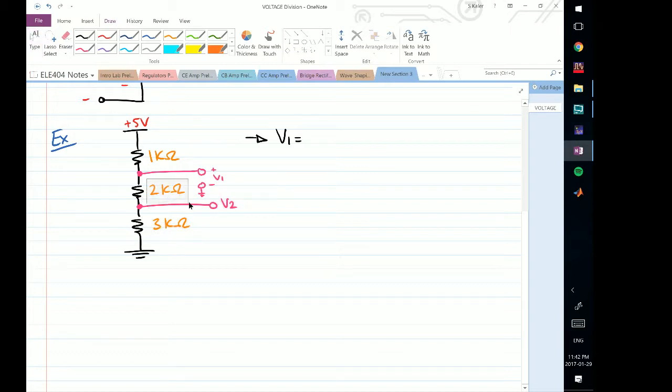So I will have 2 and 3 in my numerator, and I will have the total resistance in the denominator. So I must have, first of all, my source voltage is 5. Now the resistances between this node here, let's give it a name, this node A and this node B, right now we're only concerned with A. The resistance between A and ground is 2 plus 3, and this will be divided by 1 plus 2 plus 3, because now this is the total resistance.